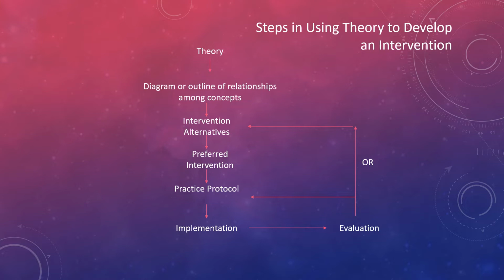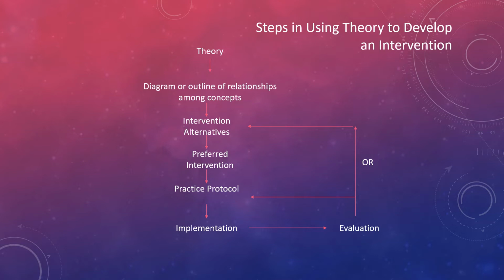You would want to look at alternatives to that intervention so that you can show that you've considered other alternatives. You want to read as many applications of that theory to similar contexts, whether the patient population, the setting, or the clinical question you're dealing with, so that you have some points of reference.